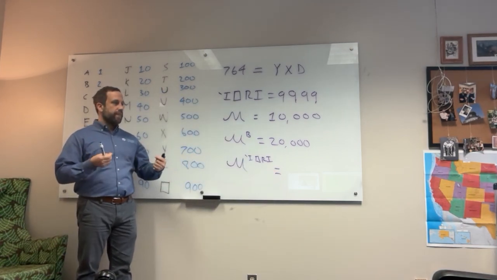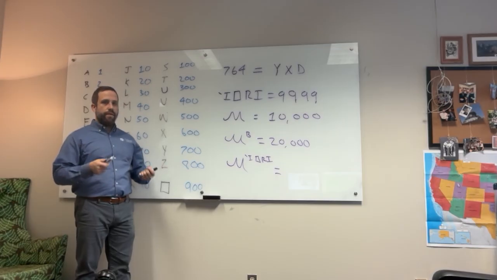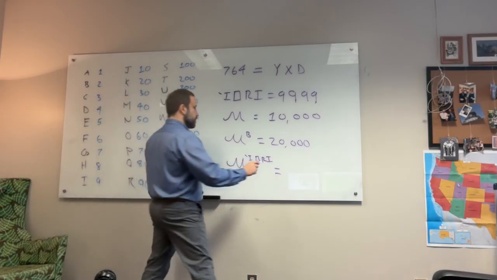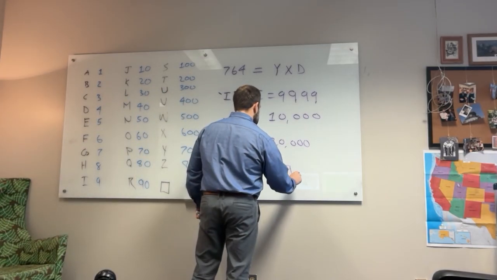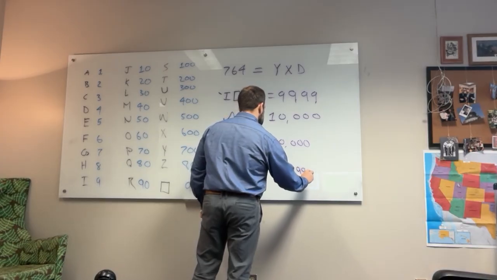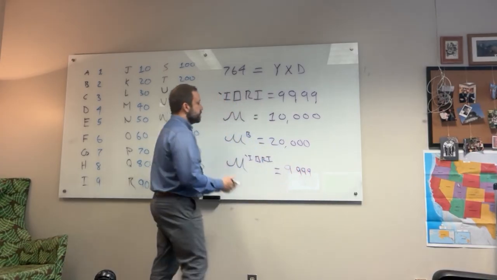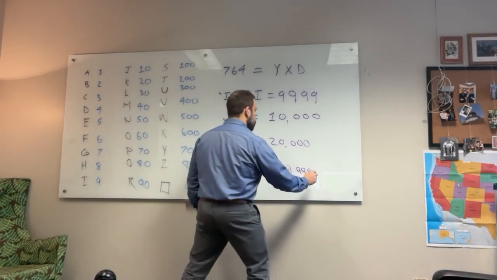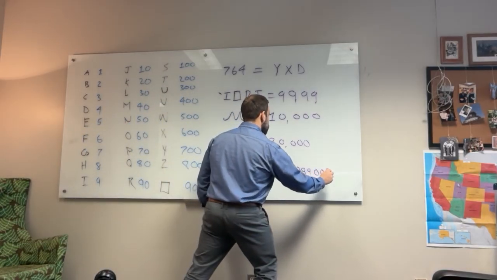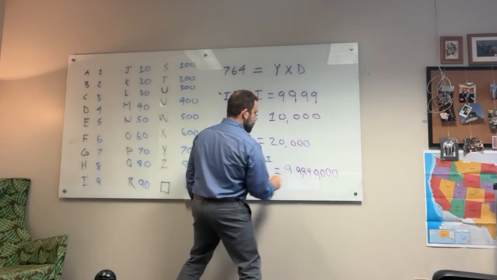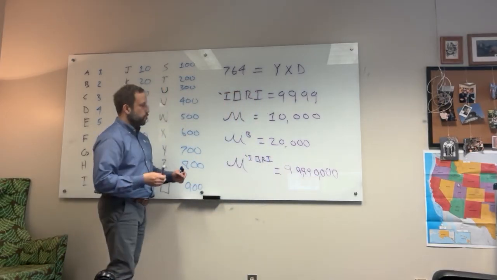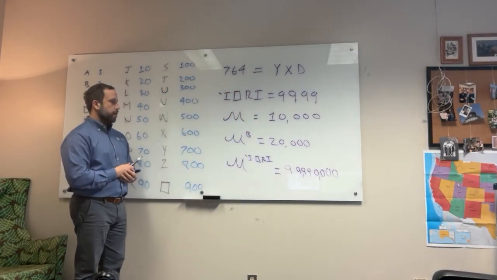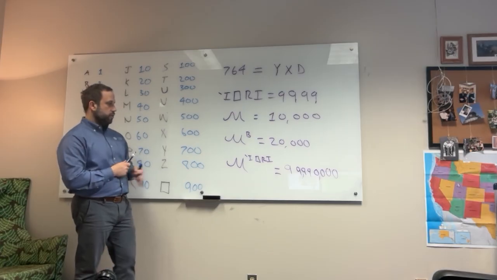So in other words, 9,999 times 10,000, which is just adding 4 zeros. So 1, 2, 3, 4. And so from this, we can get up to 99,990,000 using myriads.